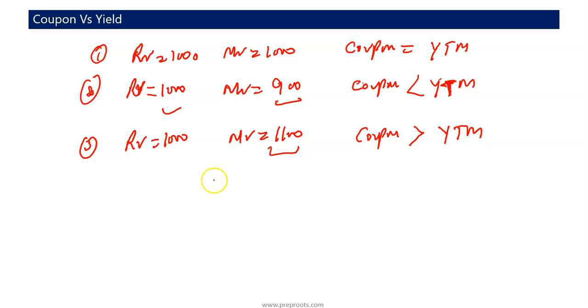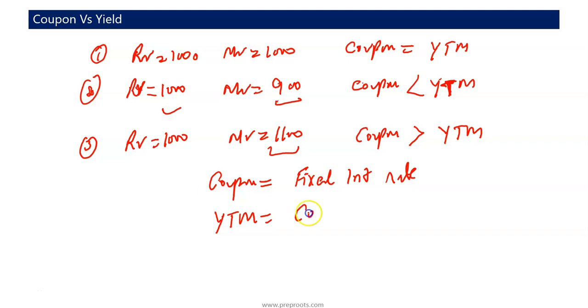YTM is lower. So coupon is a fixed interest rate. YTM is equal to coupon plus any capital gain, minus a capital loss. What is capital gain?